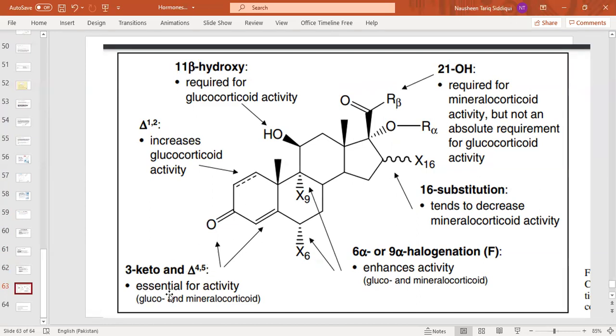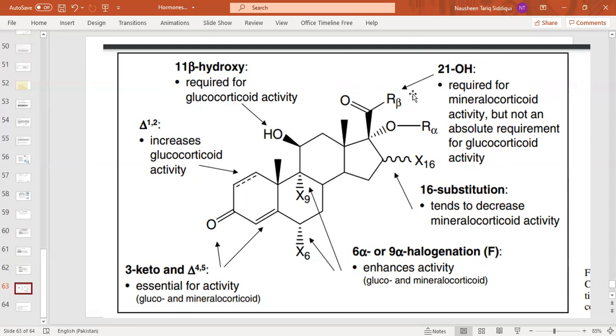This is essential for activity, that is gluco and mineralocorticoid activity, so these both double bonds are important. While at the 21 position, if we add a hydroxyl group, it is required for mineralocorticoid activity, but not an absolute requirement for glucocorticoid activity.